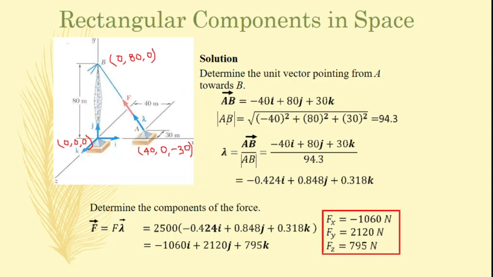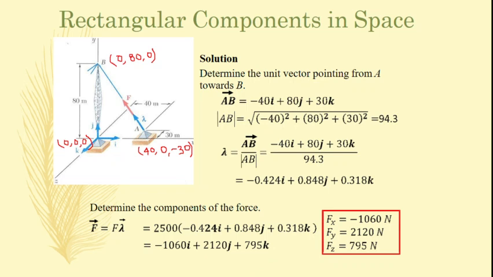And the magnitude of this AB vector is this one. Once you divide the position vector by its magnitude, you get the unit vector which acts along A to B.